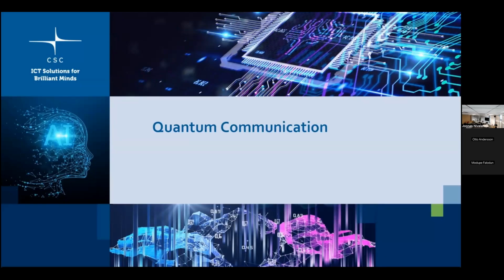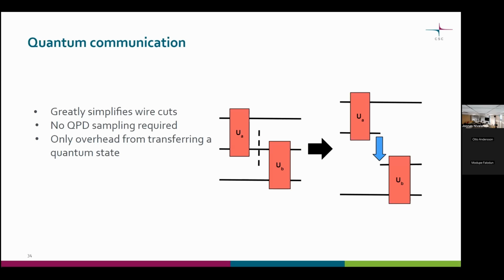And then someone also asked about quantum communication in terms of circuit knitting. As far as I know, at least for gate cuts, there is no immediately obvious way you could use quantum communication. I'm sure there's probably some way you can utilize it to maybe get the overhead down a bit more.